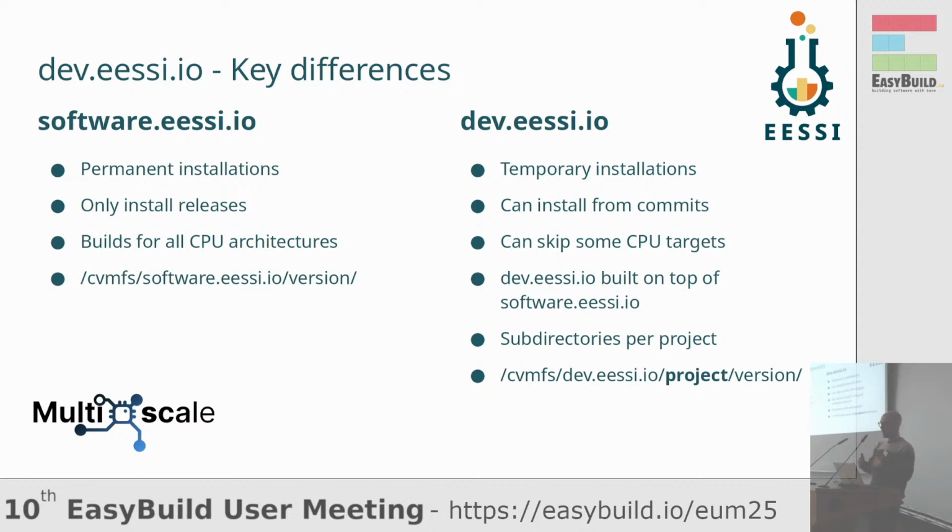I will do a next build, and then eventually the stuff that gets ingested into the production repository is a final released version. So on the development repository, we can have more temporary installations because we also are not going for specific releases. We can install from commits that are just part of the development process, and we don't enforce that everything needs to compile necessarily for all the CPU targets.